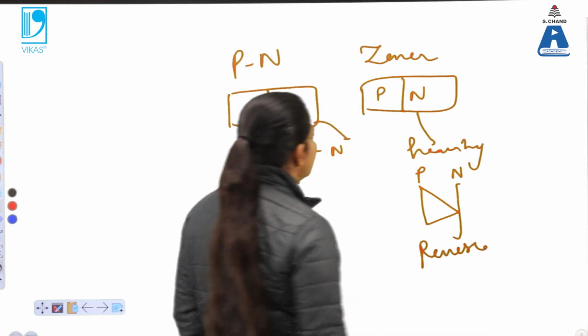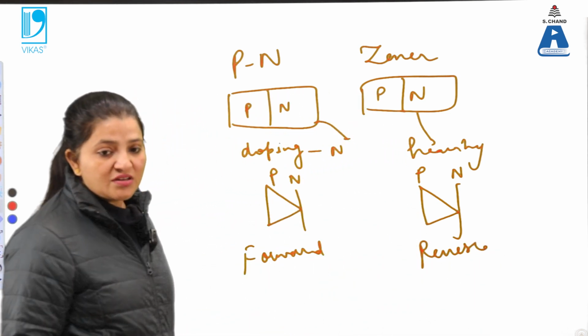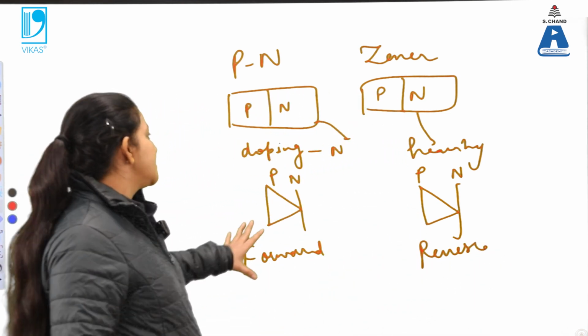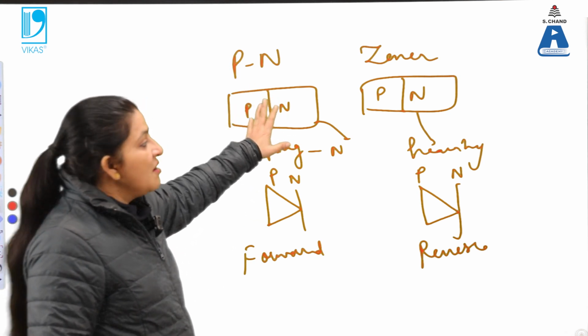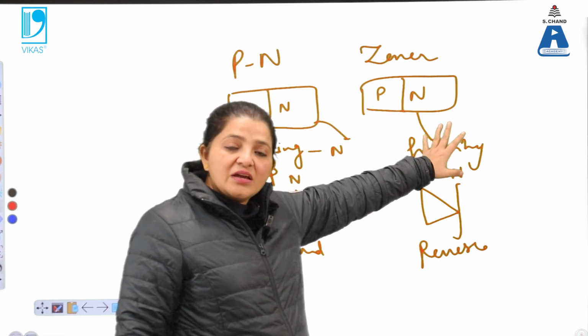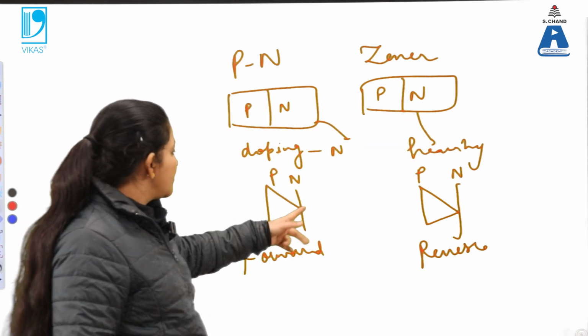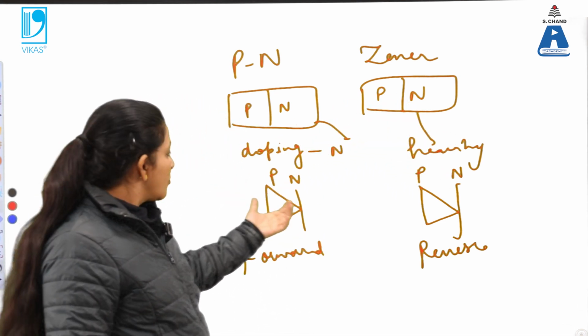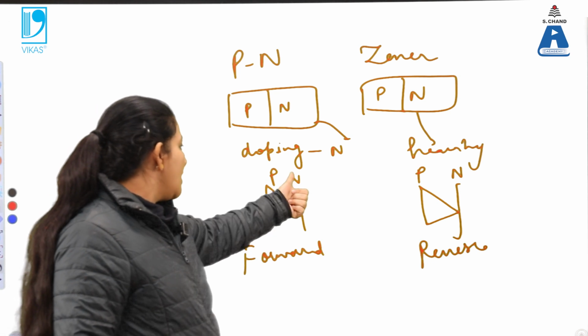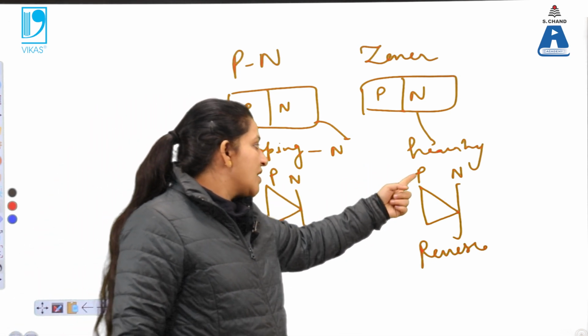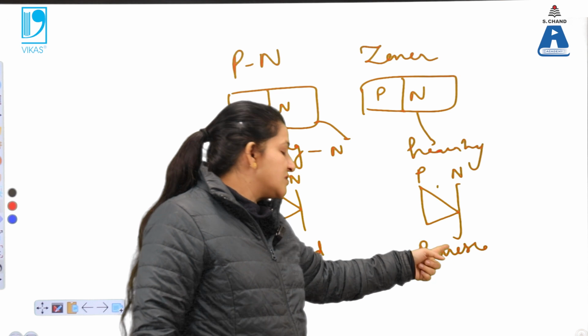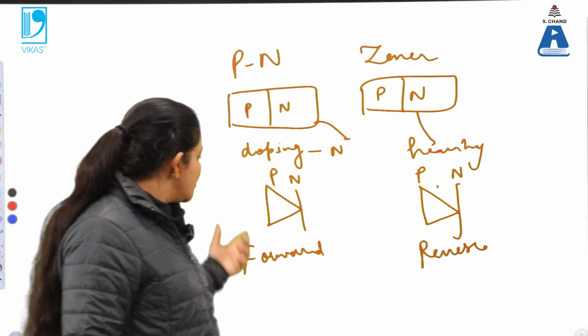So this is the main difference between the PN junction and the Zener diode. The main difference is that the doping is normal in one, while here the doping is very high, it is a heavily doped semiconductor material. Second, it is represented in a different way. Here this is P and that is N, while in this case the P and N are represented differently.